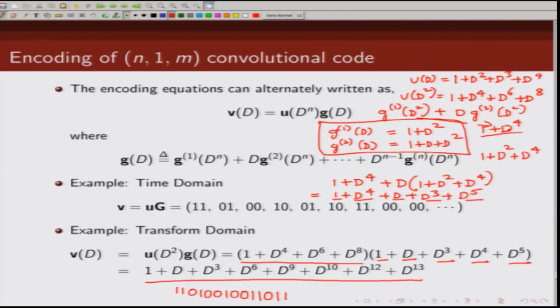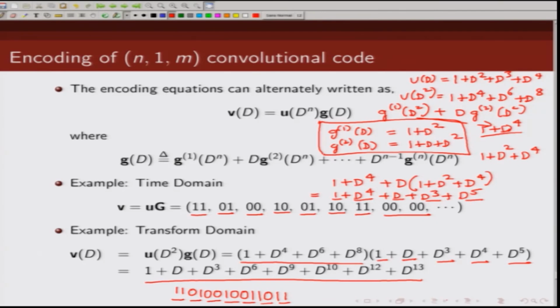Now, compare with what we got in the time domain: 1 1 1 1, 0 1 0 1, 0 0 0 0, 1 0 1 0, 0 1 0 1. So, you can see we are getting the same sequence, and the rest are all zeros.